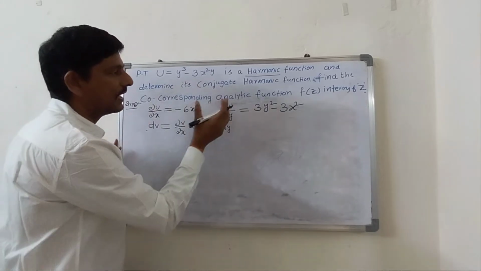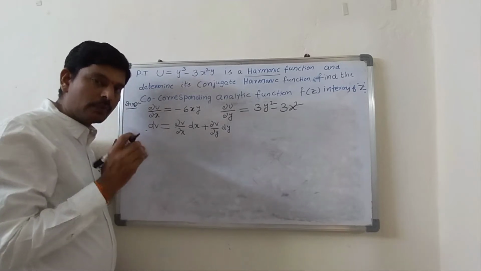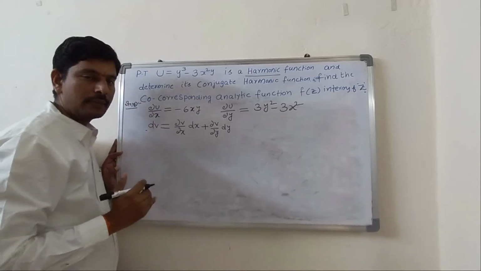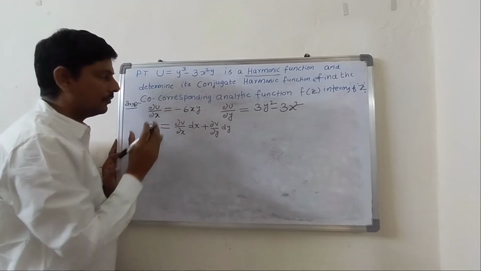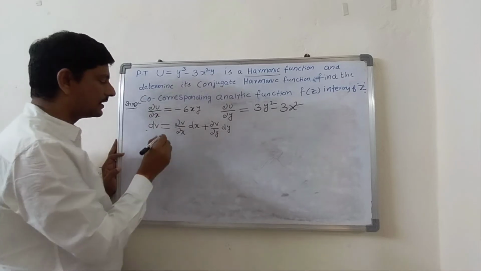So the given function is analytic. A function is said to be harmonic only if it is analytic. If it is analytic, then only it is harmonic. Clear? So here we use the Cauchy-Riemann conditions. What are the Cauchy-Riemann conditions?